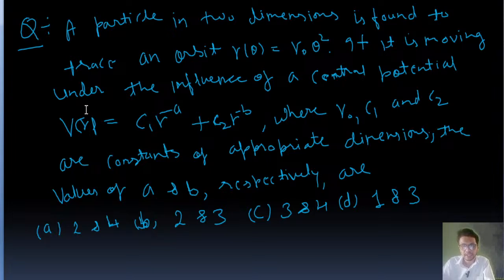It's a good question, guys. So we have been given the orbit equation, r as a function of theta, r equal to r naught theta square.